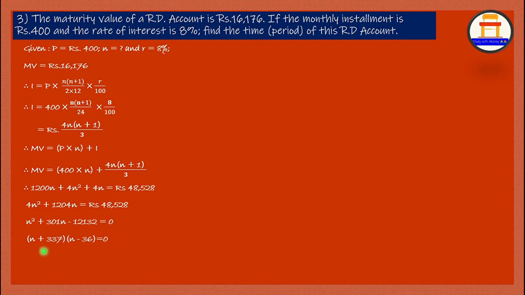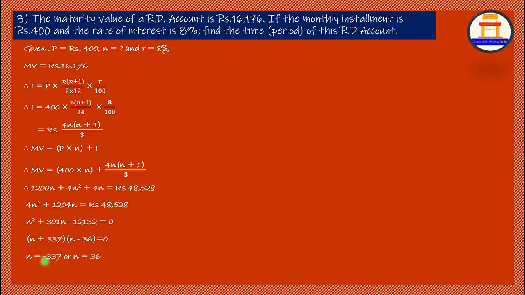So upon solving, we get n plus 337 times n minus 36 equals 0. So n is equal to minus 337 or n is equal to 36. n is the number of months, a period, so it cannot be negative.